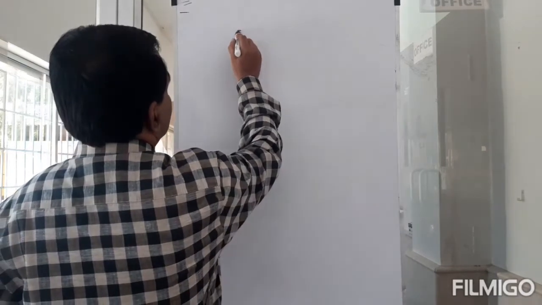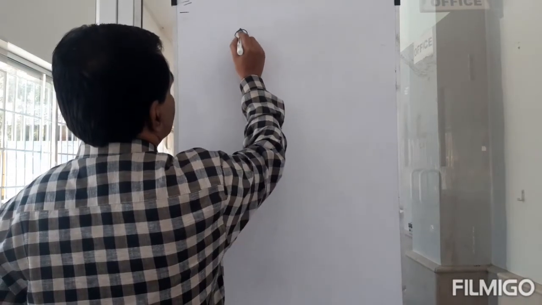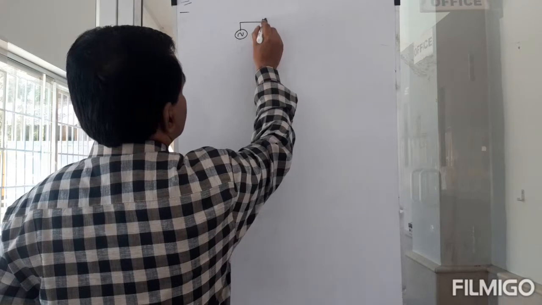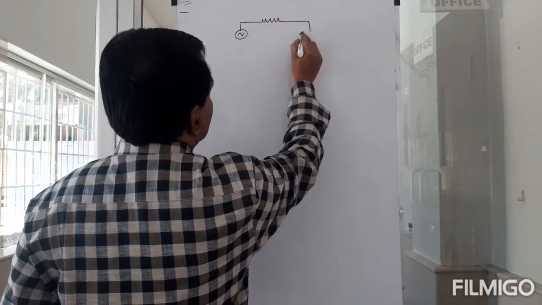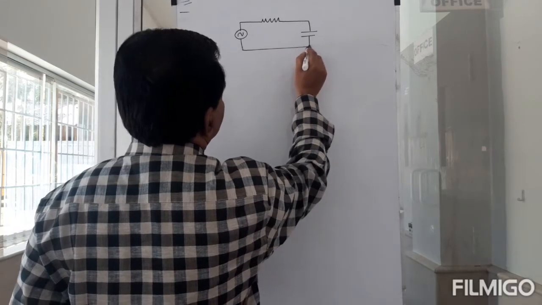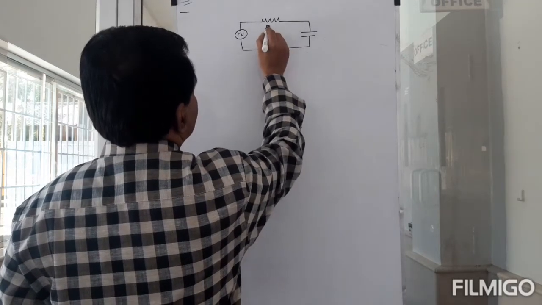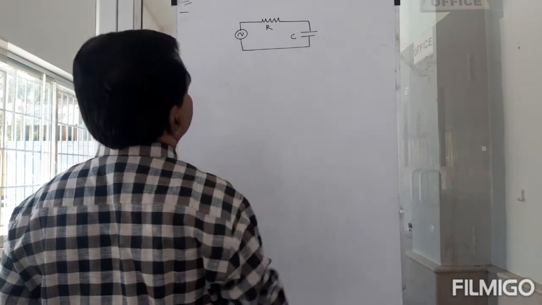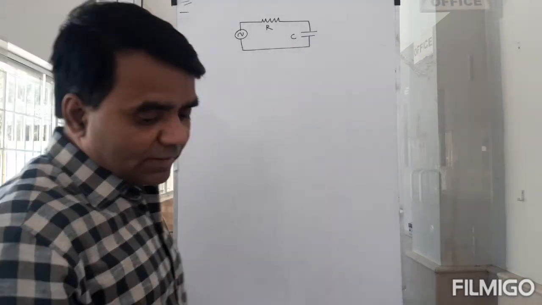So what is given? You have an AC source, and then you have a resistor and a capacitor connected to this. This is R, and this is C. What are the things given?